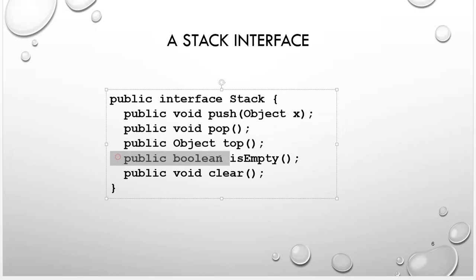Then public boolean is empty, where you're checking whether the stack is empty or not. And then public void clear, where you can clear or delete all the elements in the stack. So what you now need to do is to come up with algorithms or programs that allow you to implement these methods. That way you now have all the operations that you can do on a stack.